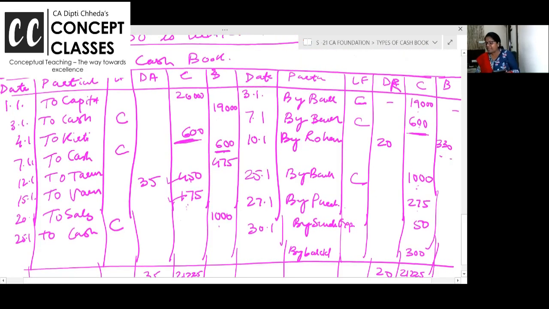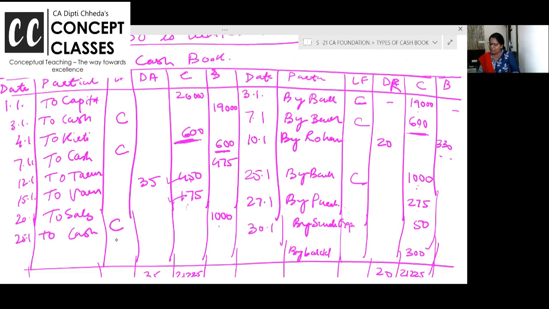Cash will always have a debit balance. You cannot pay more than the cash receipt. Bank may have a credit balance. You may take an overdraft facility, you know. We call it cash credit overdraft in the bank. Bank allows us to pay more than what balance is there.